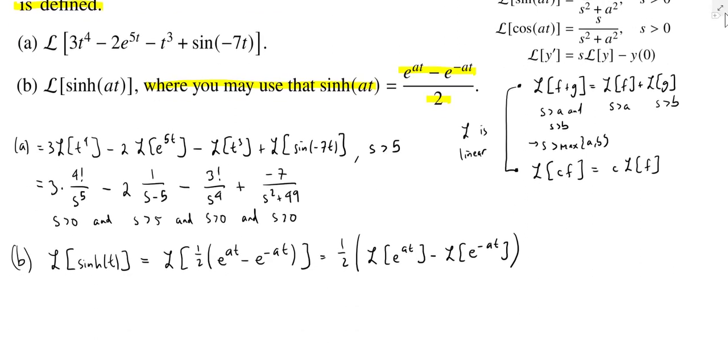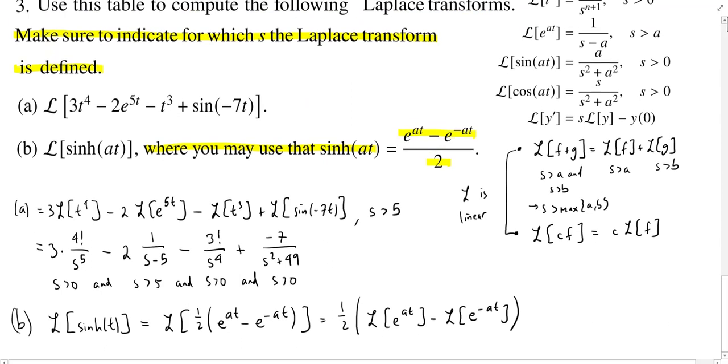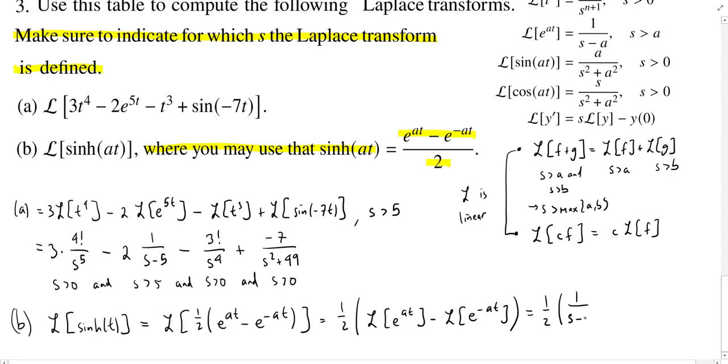Right, the Laplace of e to the at is 1 over s minus a. So I get 1/2, and that's just a direct copying, right? 1 over s minus a minus, now the a is switched to a negative, so I get 1 over s plus a.